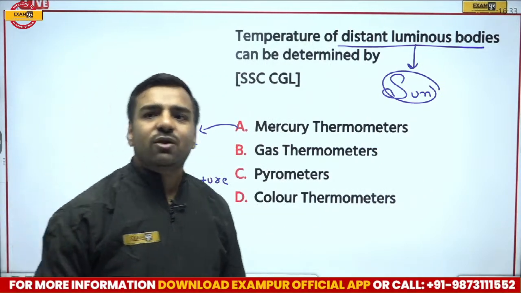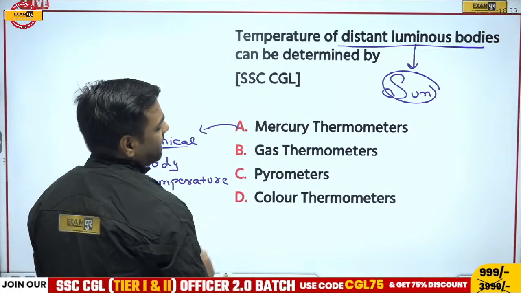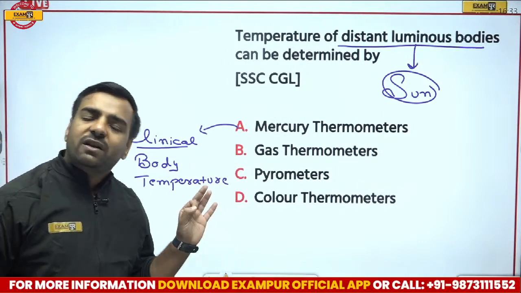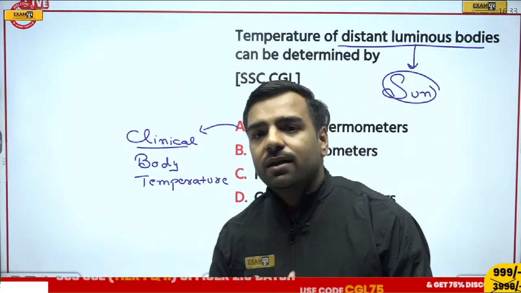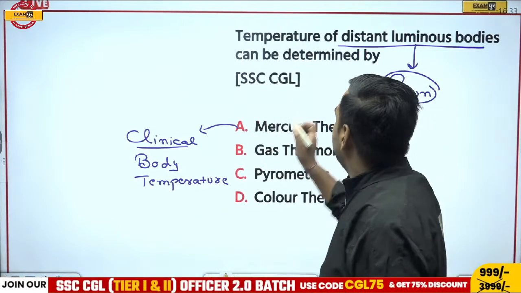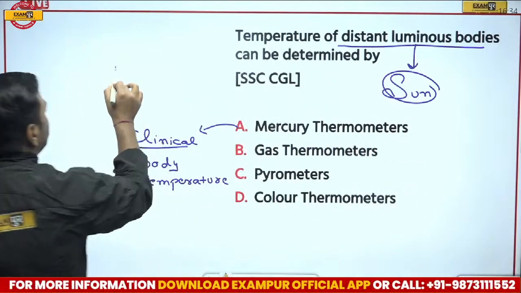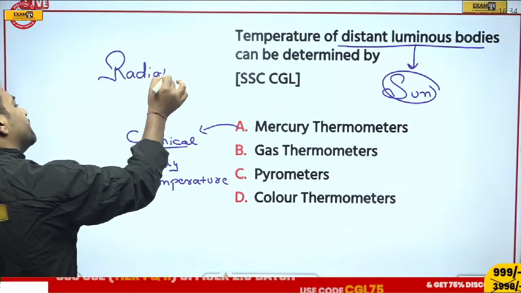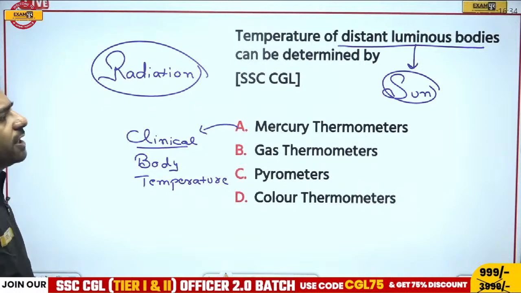Gobinath is saying, sir, I am going for B. Okay, Gobinath. If I talk about the gas thermometer and color thermometers, obviously any kind of thermometer, if you take it towards the sun, do you think that will be existing? No. For distant luminous bodies, we can go with the radiation part, where these radiations are used in order to measure the temperature.